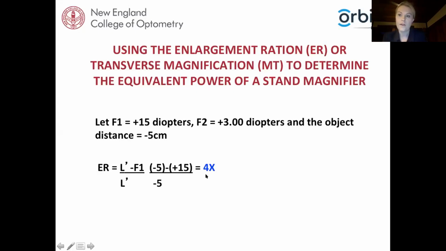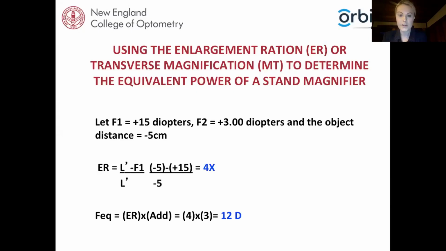And when you're verifying different devices, if you don't have the advantage of a lookup table to find out where the image distance is or what an enlargement ratio is, you can actually use a telescope to locate the image distance, and I'm happy to go over that with anybody that's interested. And I also have a series of lookup tables that I've worked on with my colleagues here at the University of California, Berkeley, on all the different magnifiers to verify the enlargement ratios.